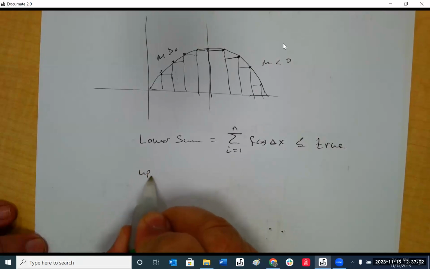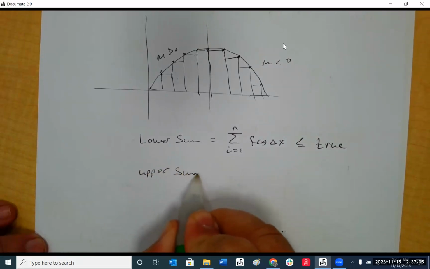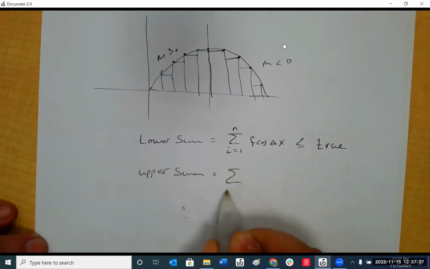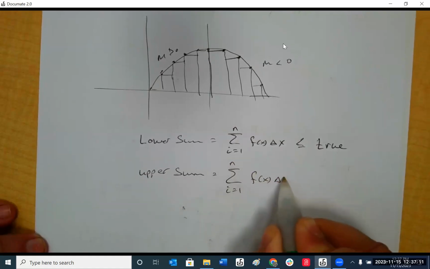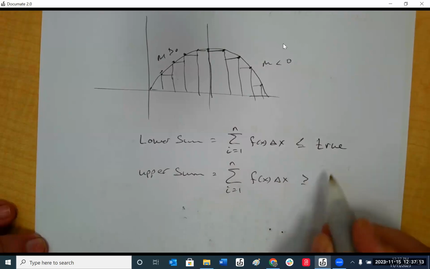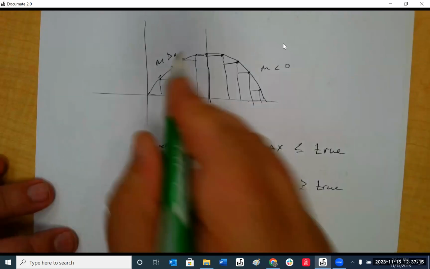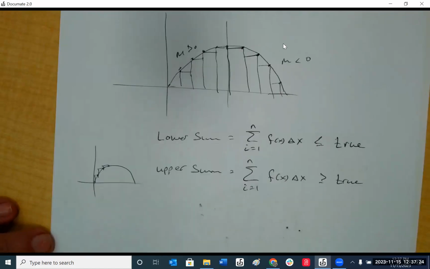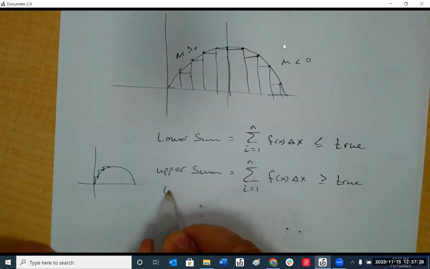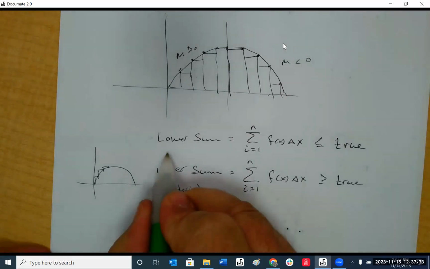And the upper sum is the same formula, except what changes is where the dots are. Because this one has its dots outside. This is on the inside.